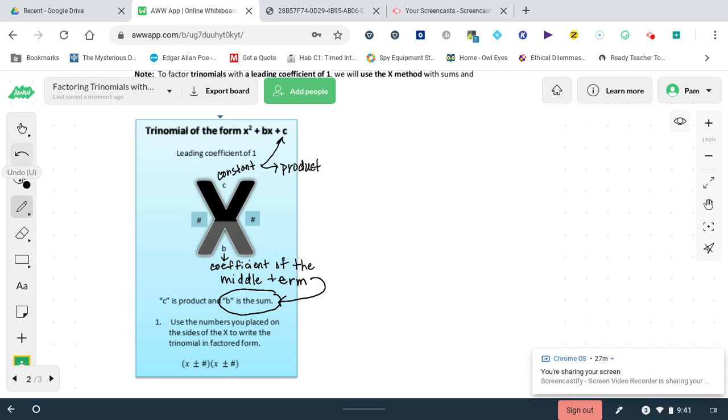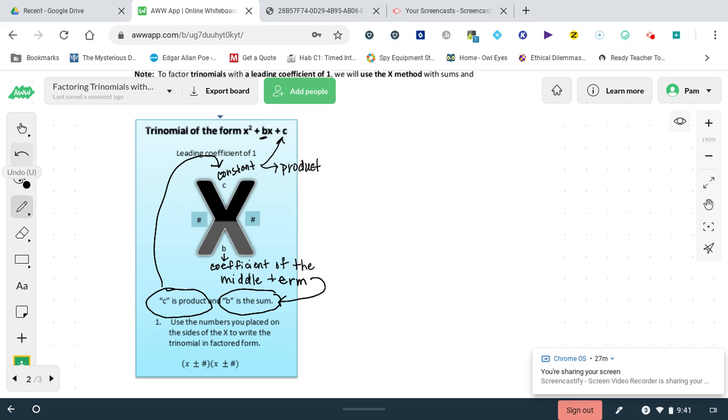So remember, anything in the bottom of the x represents the sum. Anything in the top of the x represents the product. So I'm going to circle this. It's that constant, and it represents your product. And then b is your coefficient of the middle term, and it represents your sum. So you just pick b from here and put it in the bottom of the x, whatever that coefficient is.